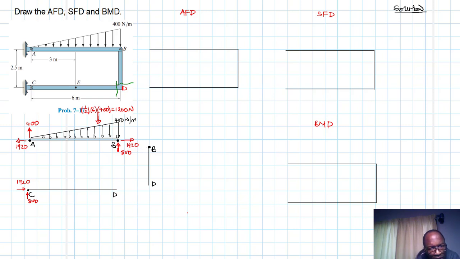Let me replace these forces at B here. At B we also have a 1920 like so, and then we'll have 800 like so, and on the other end there we are also going to have a 1920.